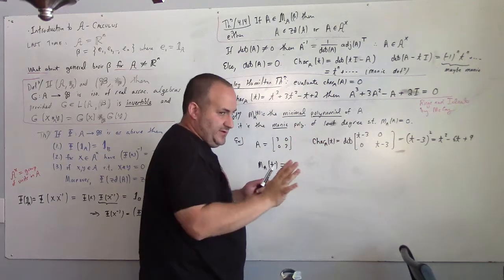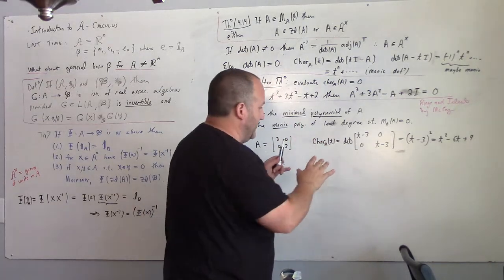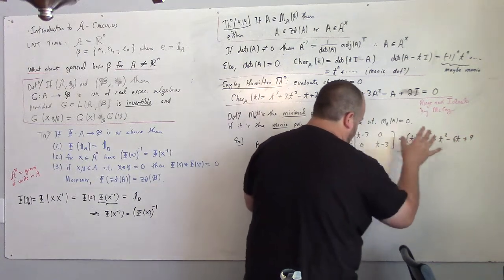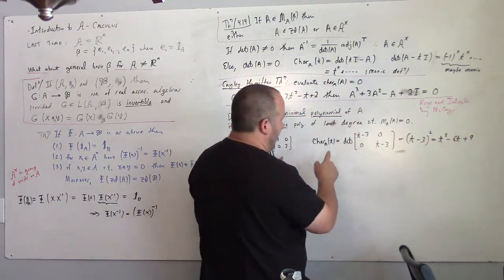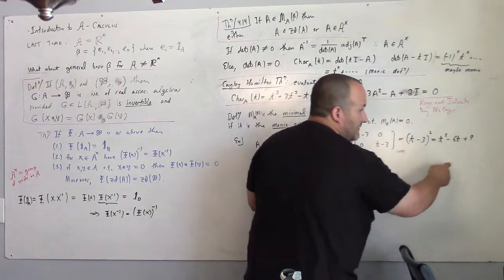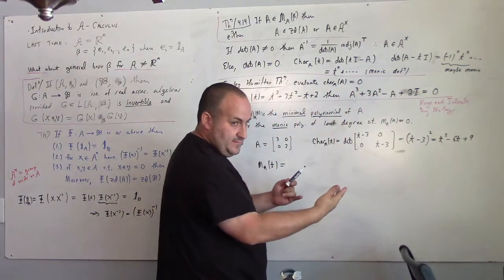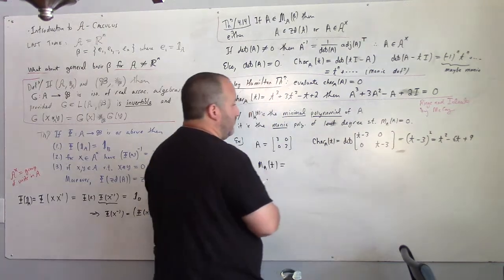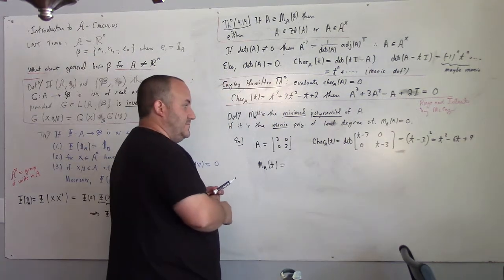I know this is totally new to you, so you're not tracking quite yet, but this is a quadratic that, by Cayley-Hamilton, if I plug A into here, I will get 0.